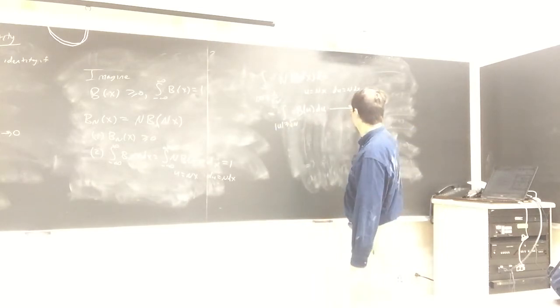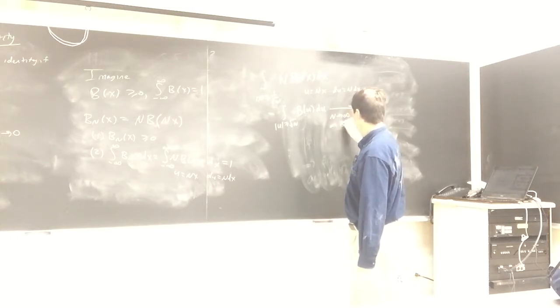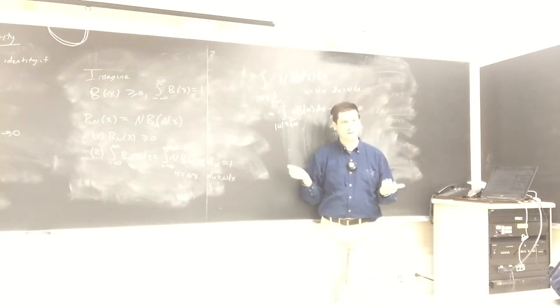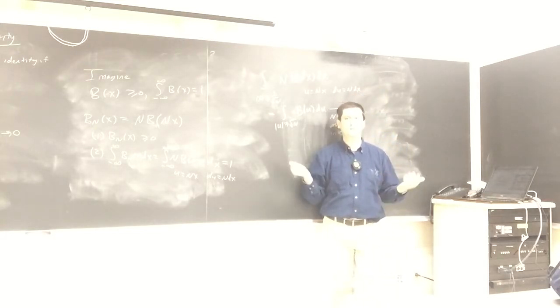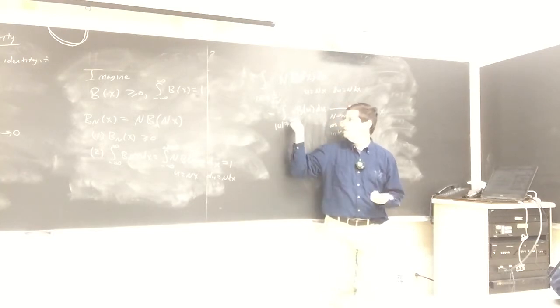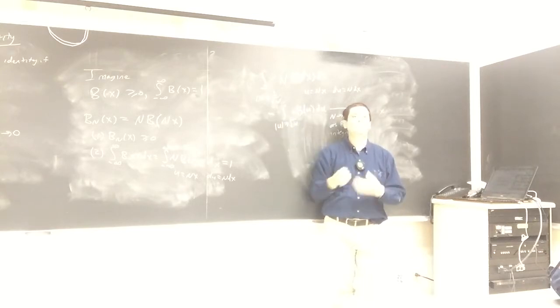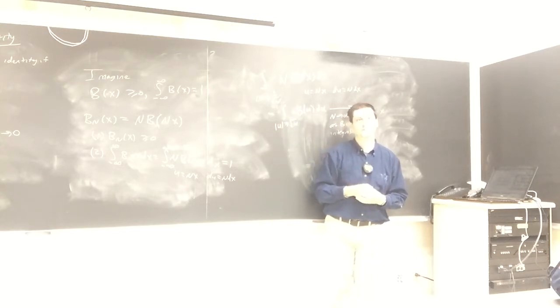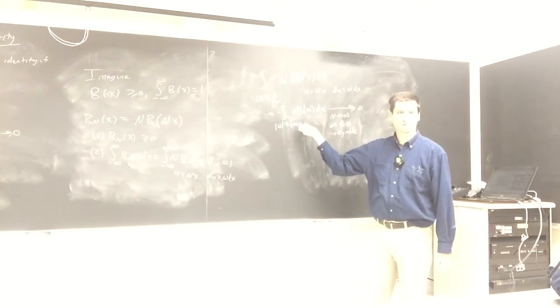So this has to go to 0 as n goes to infinity, as b is integrable. For any epsilon, you can find a C such that if you integrate from minus C to C, you have 1 minus epsilon of the probability. And then we just take n so large.